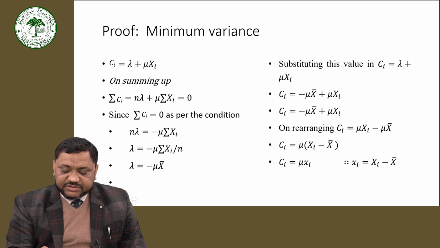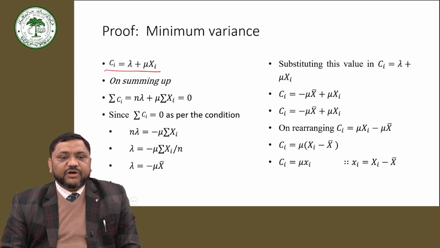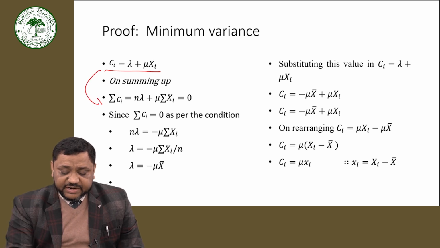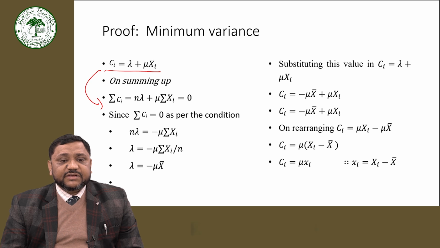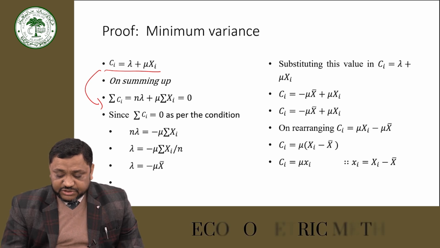Now we add the summation signs on both sides, so summation ci is equal to n lambda plus mu summation xi.